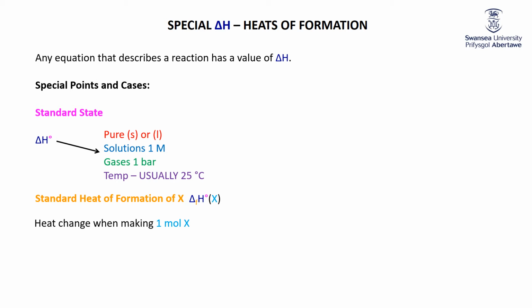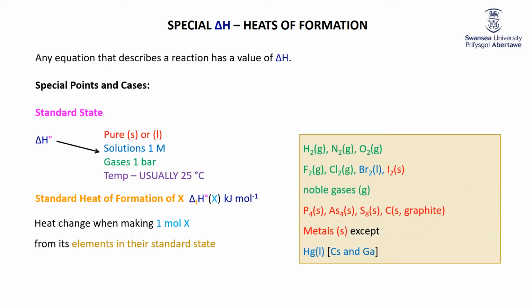It defines its equation. By definition, it makes 1 mole of X. So that means you'll always see the standard heats of formation given as kilojoules per mole. Okay? And it's the heat change when making 1 mole of X from its elements in their standard state. Now, the elements in their standard state is something that you need to know.